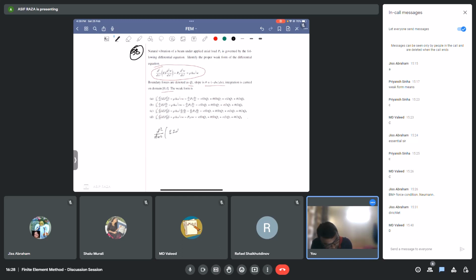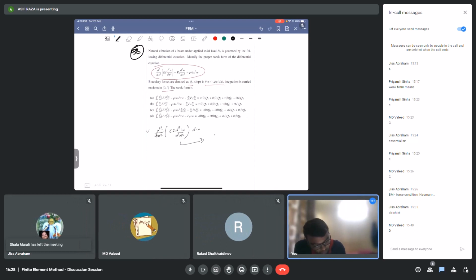So this is similar to the beam problem. When I do the integration by parts, I'll do 2 times integration. So the differential equation will come out to be what? When I integrate it with respect to 0 to L, I'll have 2 times minus minus, it will get plus.